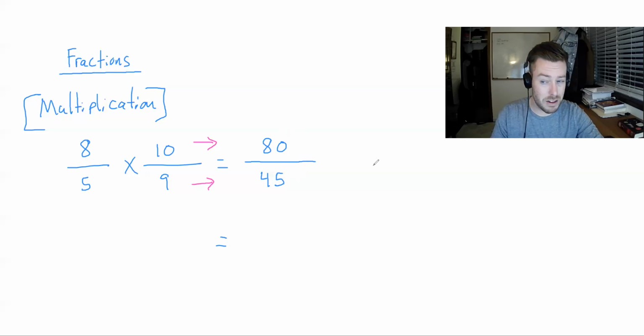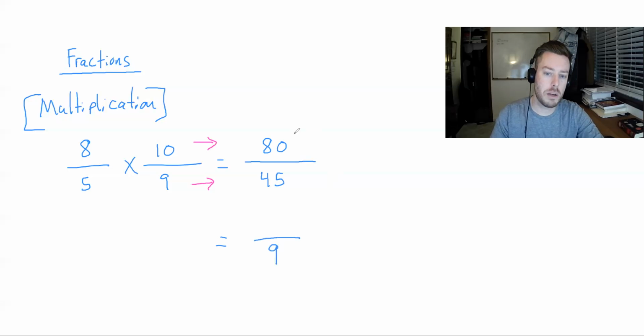I know that there's another number that can go into both of those numbers. So I can probably find a simpler fraction to represent this same number. It's the same number, just scaled back, easier to understand. That's all we want, right? Because we're human beings. So what number can go into 80? What number can go into 45? Turns out that number happens to be 5, right? So the question is, what times 5 is equal to 45? Well, that's 9.